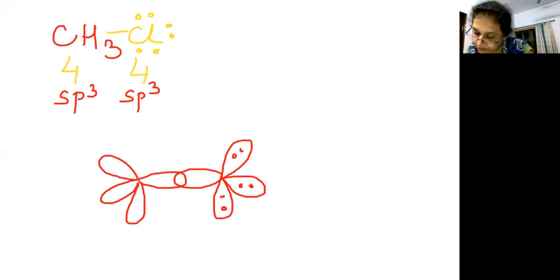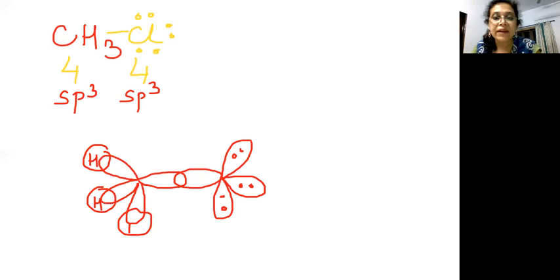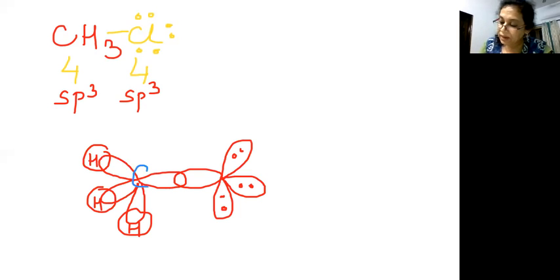On carbon, we have 3 hydrogens. Let's make the 3 hydrogens. So I made the 3 hydrogens. Now let me write carbon here and chlorine here. So this is the structure of chloromethane. I hope you have understood it, students.